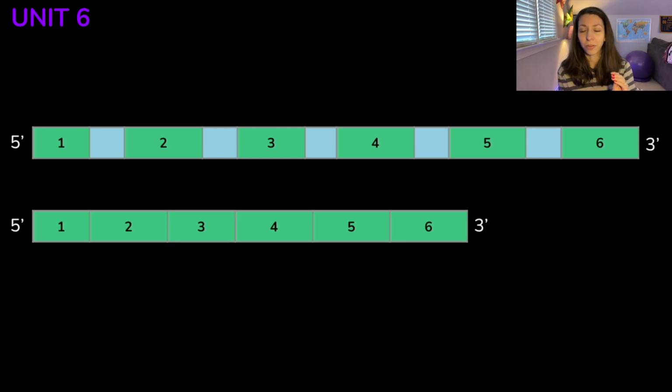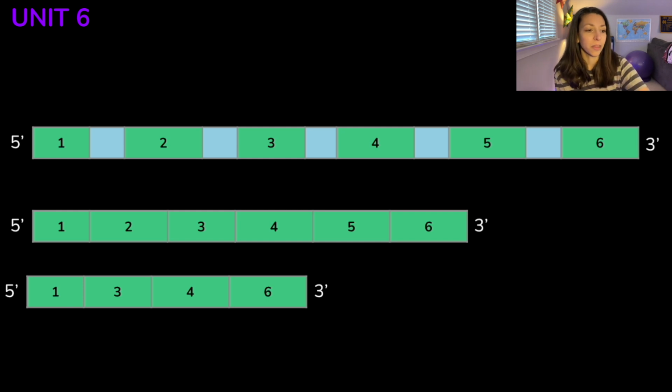Now we can also have what's called alternative splicing, where we only include some of those exons, or we can have exons appear in alternate formats from the same initial gene or the same initial mRNA. For example, these two mRNA sections here could both come from the same initial template, but have different sections cut out, and the result would be a different type of protein.